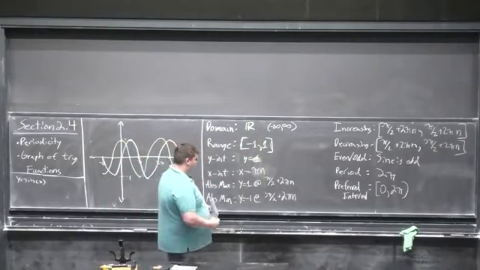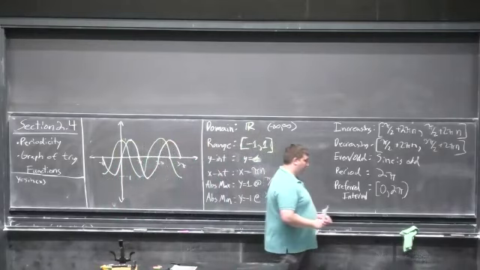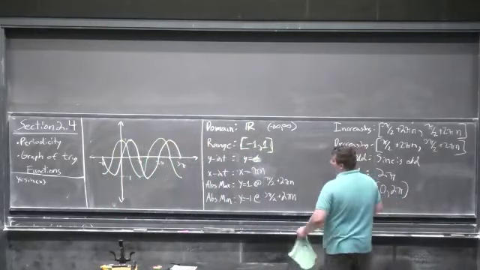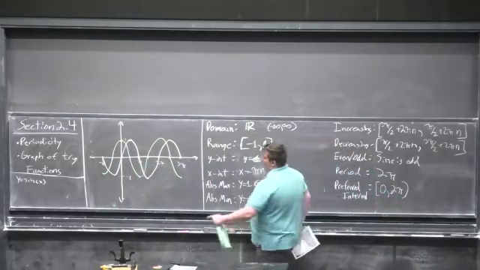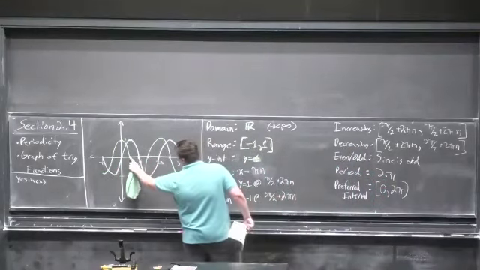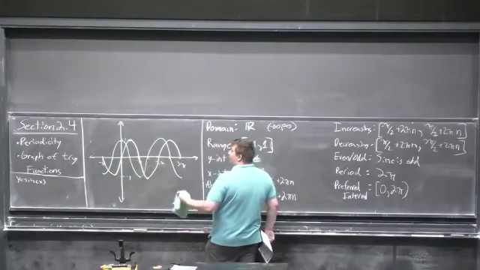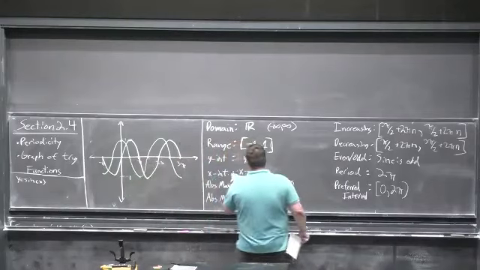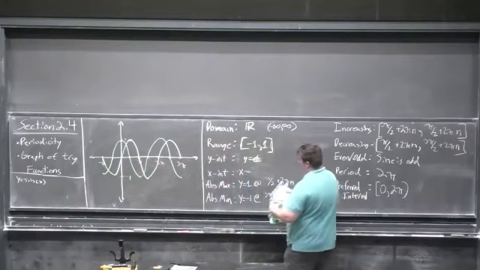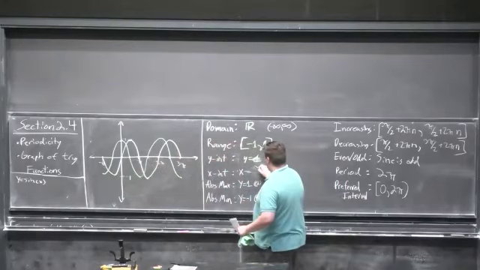And our x-intercepts, we have to work a little bit harder for them this time. Find the first one, and that's at pi over 2. And if I add pi, I get 3 pi over 2. So I can rewrite this as pi over 2 times n.